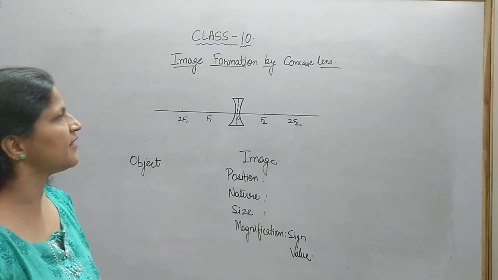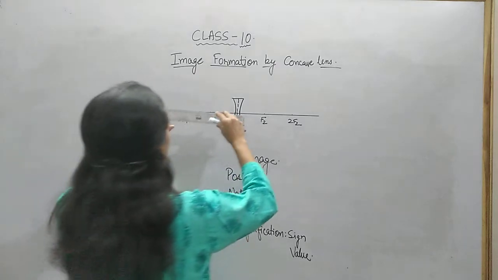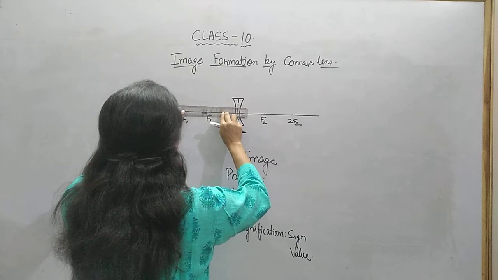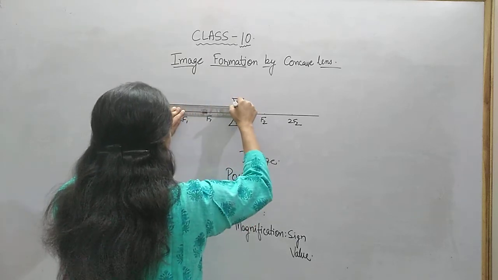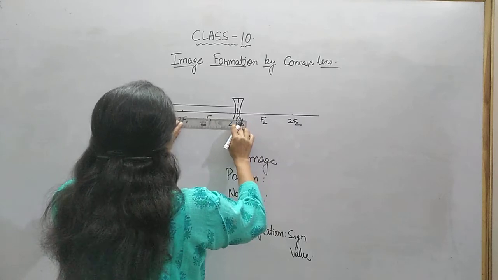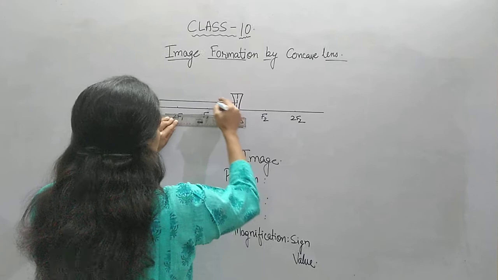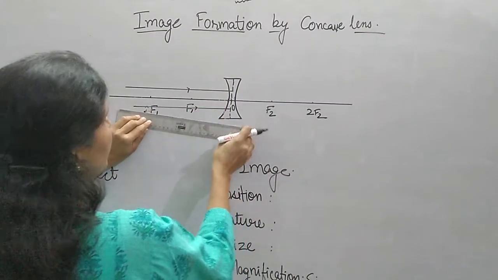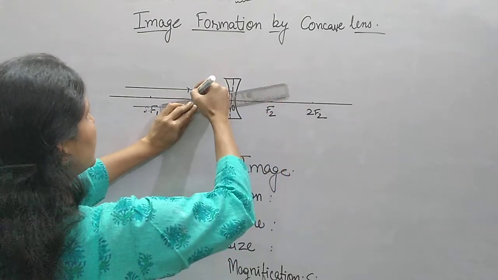Now for a concave lens, if the rays fall on the concave lens parallel to the principal axis, then they appear to diverge through f1. So the first case is that if the object is at infinity, then rays which fall on the concave lens will be parallel to the principal axis, which after refraction will appear to pass through f1.